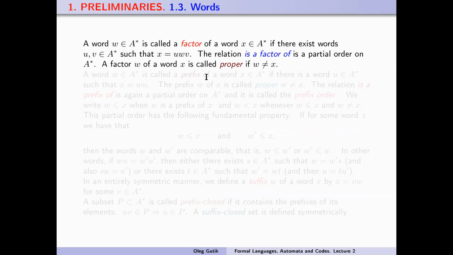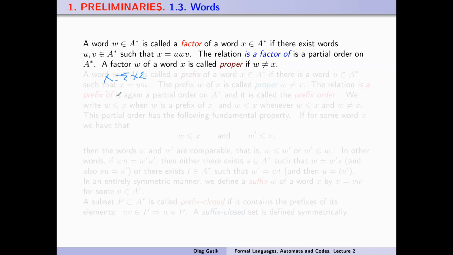So, we get that the relation to be a factor of is a partial order on A star. There is no problem, because the proof of this statement is very simple. It's obvious that x is equal epsilon x epsilon, so this relation is reflexive.